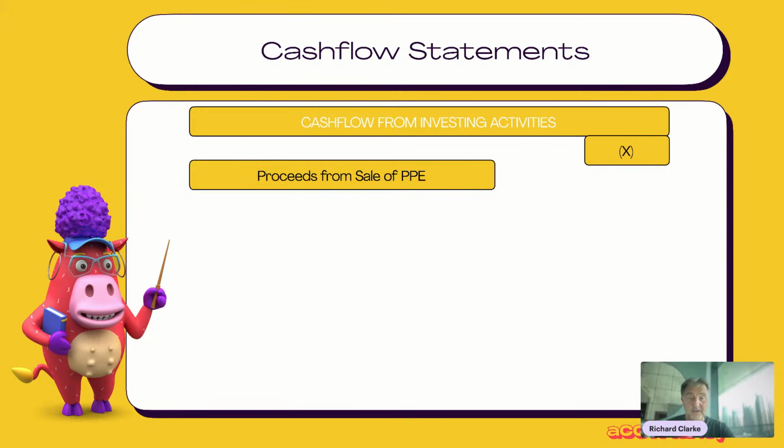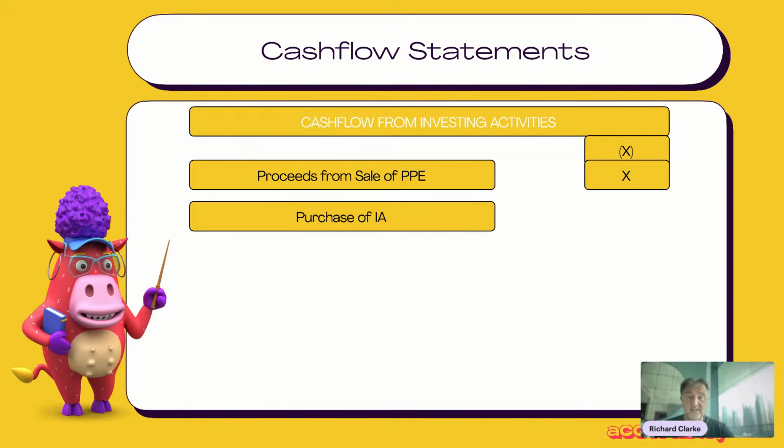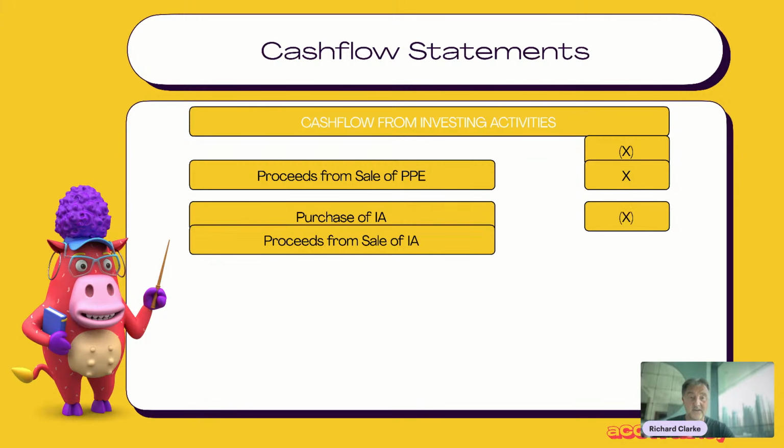If you buy PPE, it goes in there. If you sell PPE, it goes in there. So cash flow from investing activities is all to do with the buying and selling of non-current assets, such as intangible assets. Could be the sale of intangible assets.